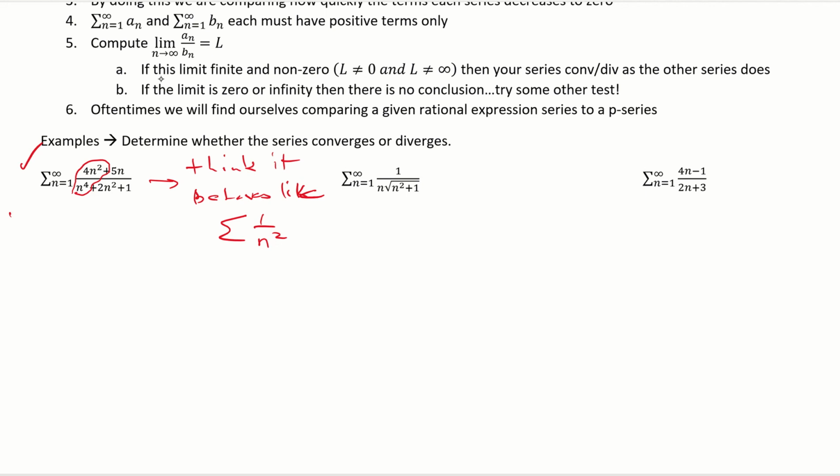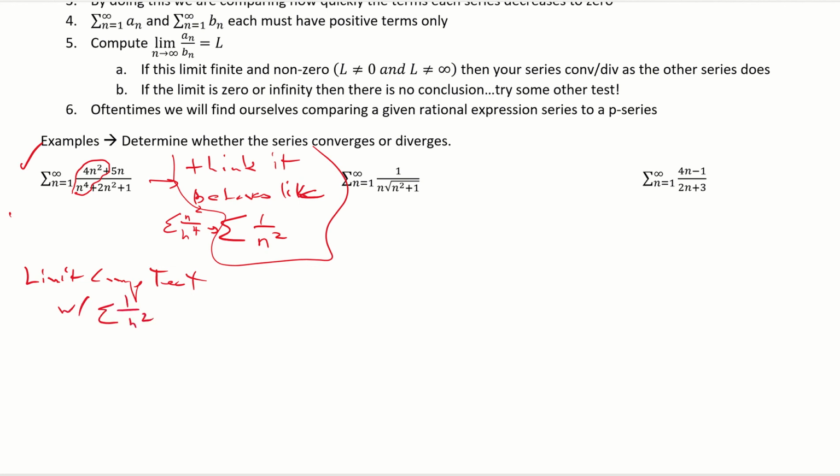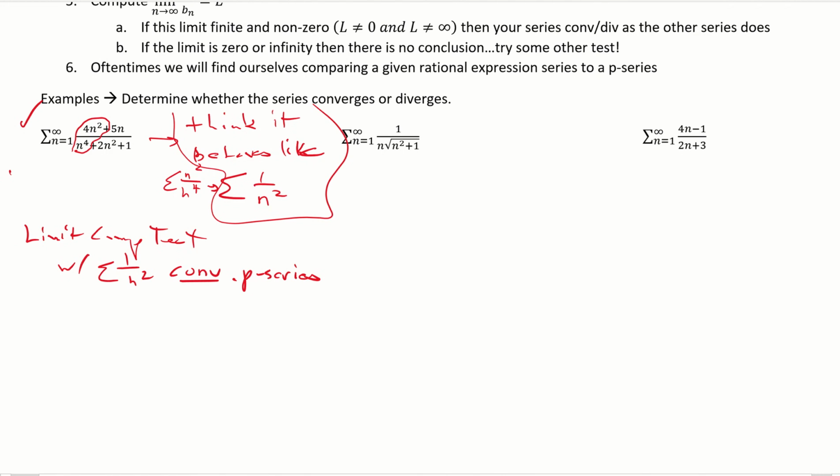I'm going to run the limit comparison test with series 1 over n squared, which is a convergent p series. The more you see this, the better you are at this.